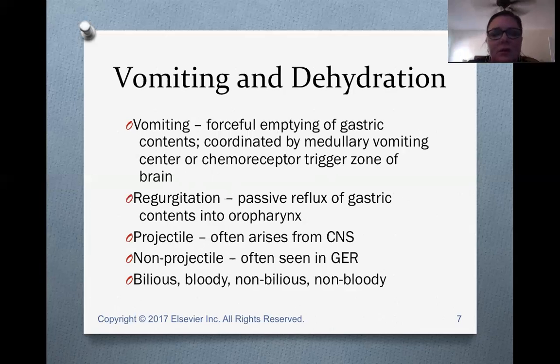I wanted to point out the third one down, projectile vomiting. Anytime you hear or see the description of projectile vomiting, it can come from the central nervous system, but also in infants, this needs to be a clue to you of the possibility of pyloric stenosis.